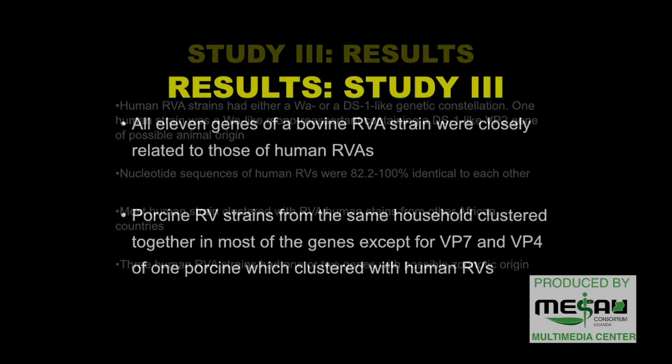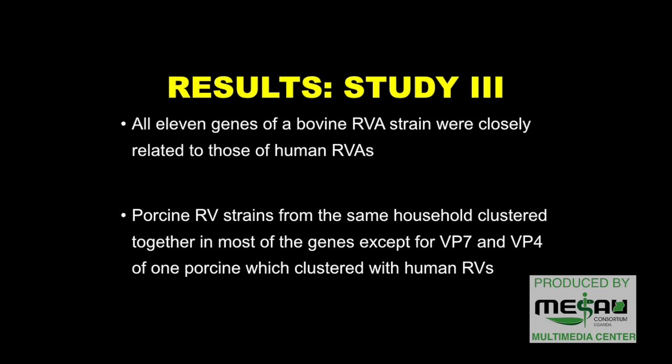What was quite interesting is that in bovine, the cow, all the 11 genes were exactly similar to our human rotavirus strains, and also to a rotavirus strain which has been described in Italy.